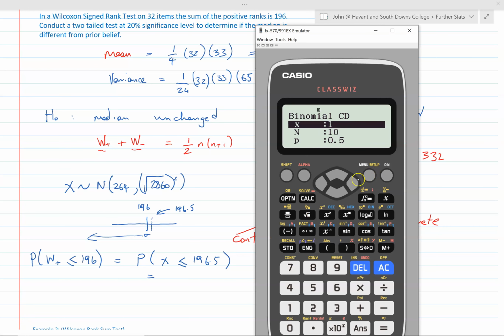So we go to menu, and we want normal distribution, normal cumulative, so that's 2. For the lower value, this is one of those situations where we just have to put in an unlikely smaller value. You don't have to go over the top. I have people putting in -1,000 and things like that. I would have thought here we're okay with 0. For the upper value, we've got 196.5.